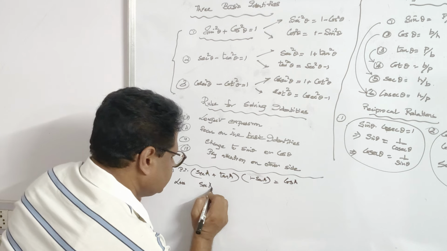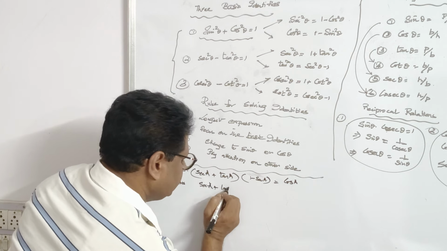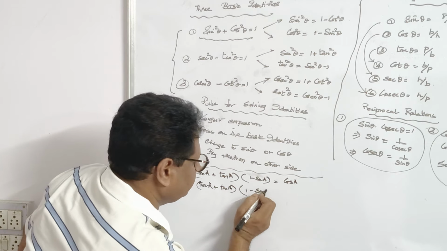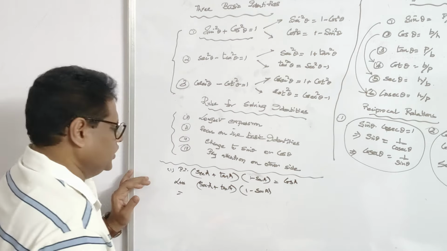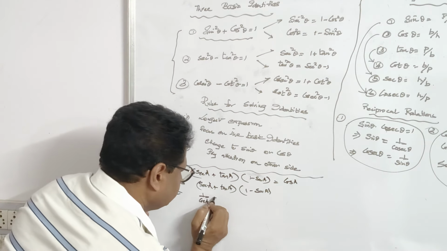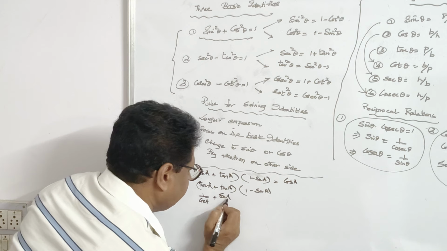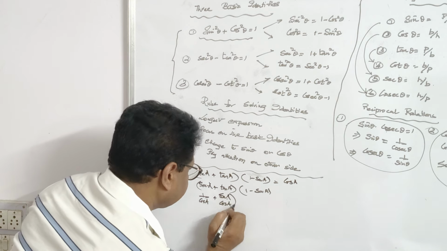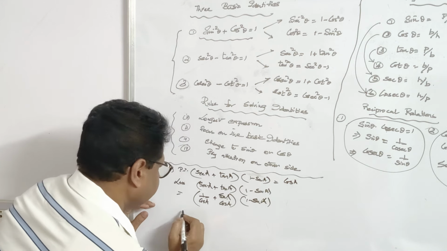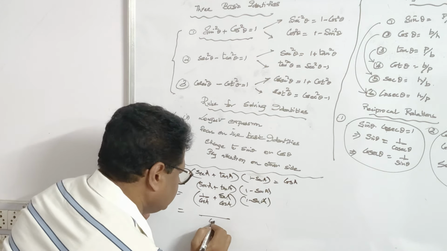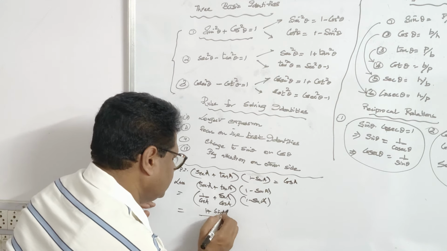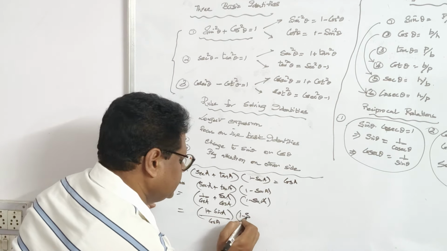So this is (sec A + tan A)(1 - sin A). Now sec can be converted into 1 by cos A plus sin A by cos A, into (1 - sin A). LCM comes to cos A, this is (1 + sin A) into (1 - sin A).